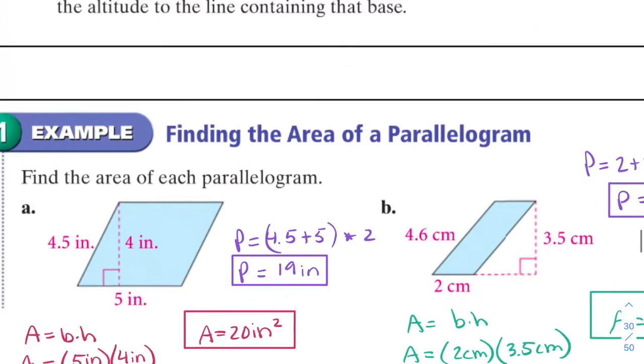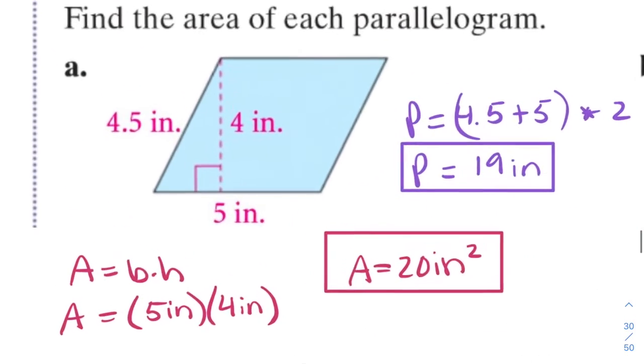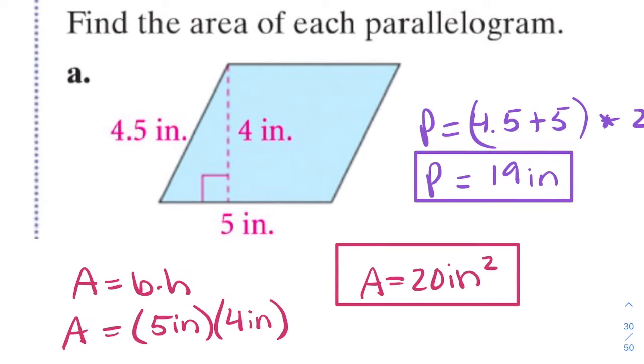Okay, so we have example 1, and in this example, we had to find the area of our parallelogram. We were given two bases, but one of them is the easiest one to use, 5 with a height of 4. So area is base times height, so area is 5 times 4.